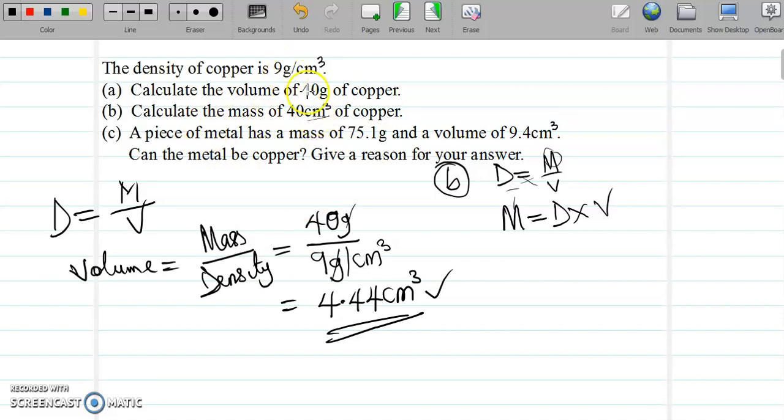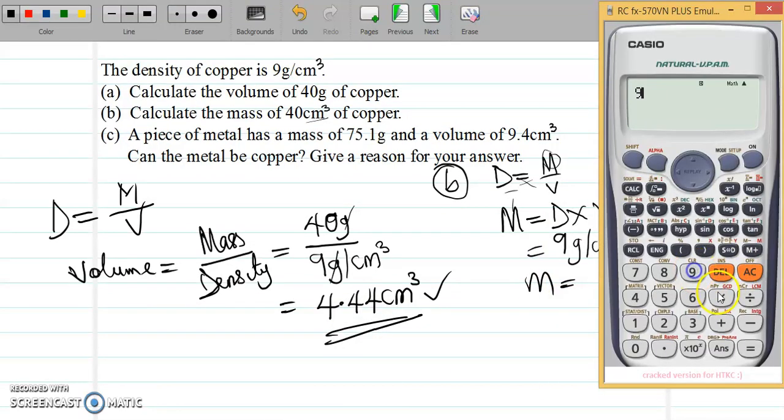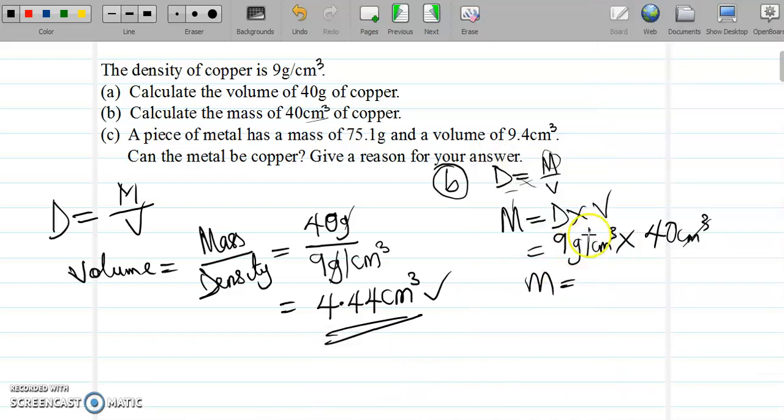Our density is 9 grams per cm cube, and the volume is 40 cm cube. So cm cube will go out with cm cube, and we have 9 times 40, which gives us 360 grams.